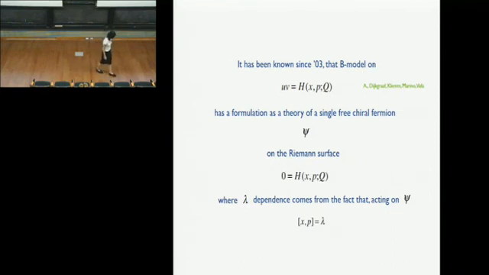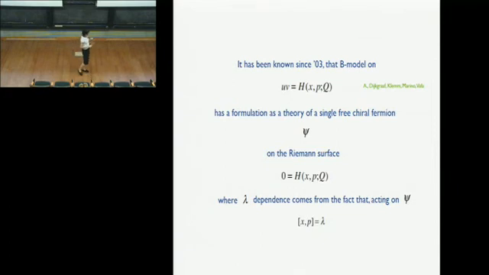It's been known since 2003 that if you study the B model on one of these Calabi-Yaus that are captured by Riemann surfaces, this theory can be solved completely. And when you solve it, you find that it has a reformulation in terms of a single chiral fermion that lives on the Riemann surface. Okay? So however, it's not a free CFT.